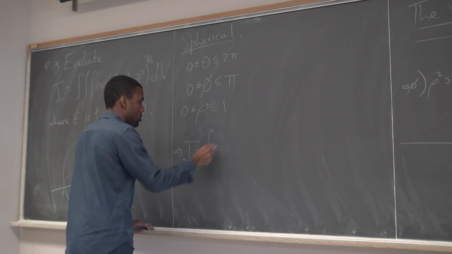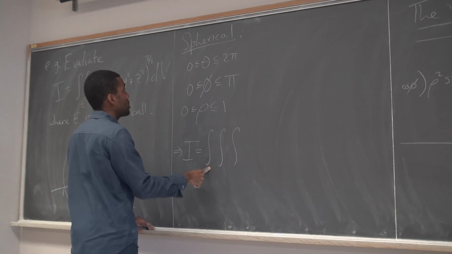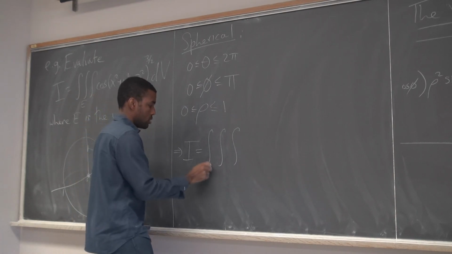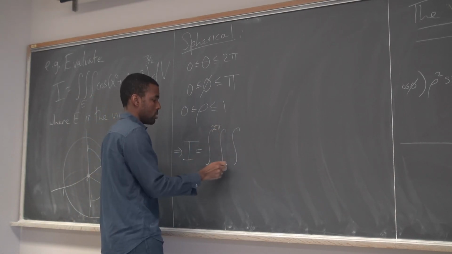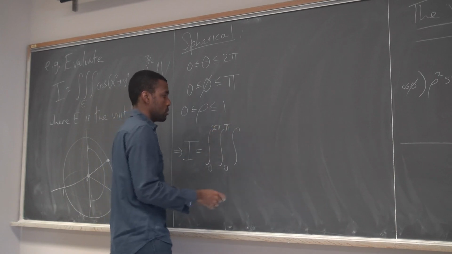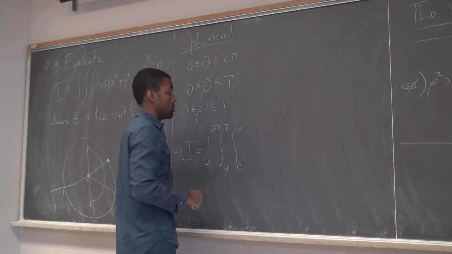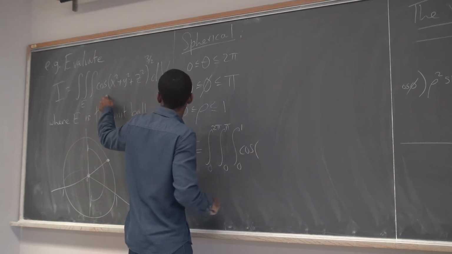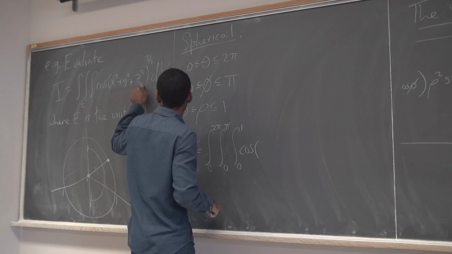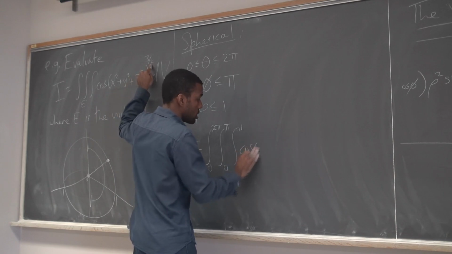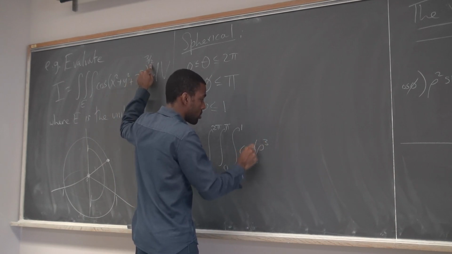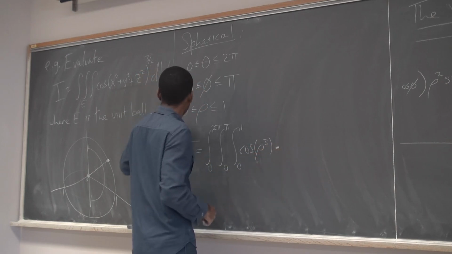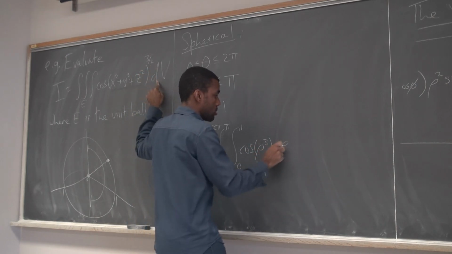I equals the integral from 0 to 2 pi, 0 to pi, 0 to 1, of cosine of rho squared, which I raised to 3 over 2, so this just becomes rho cubed, times dV, rho squared sine phi.